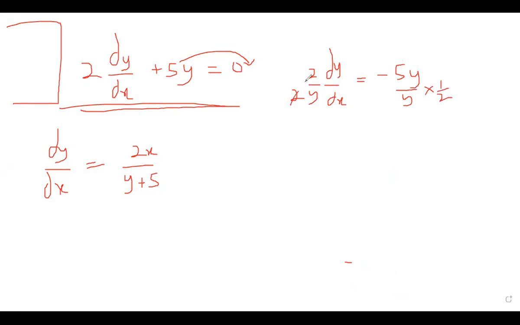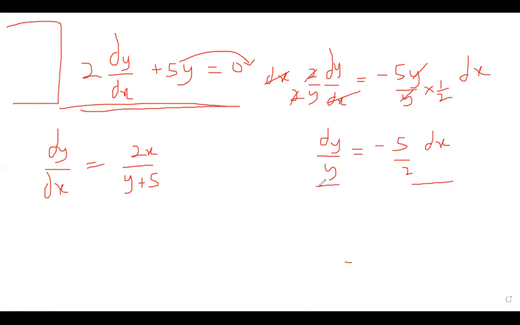So the 2 cancels out 2, y cancels out y, and when you're done, you multiply this side by dx, and then this side by dx. This cancels out that, and then we are left with what? Dy over y is equal to what? Minus 5 dx over what? Over 2.